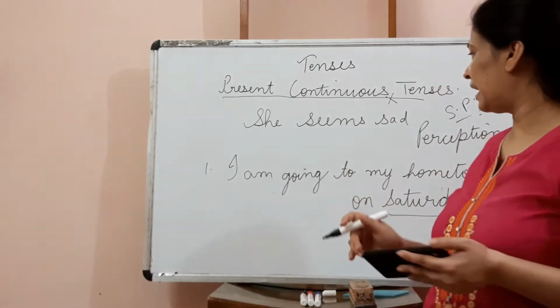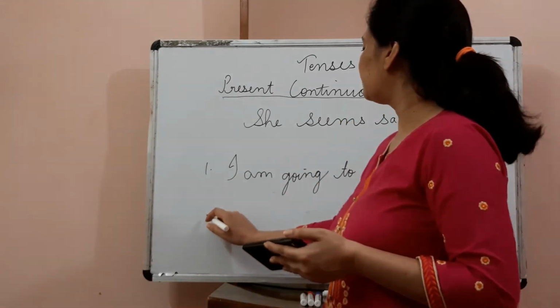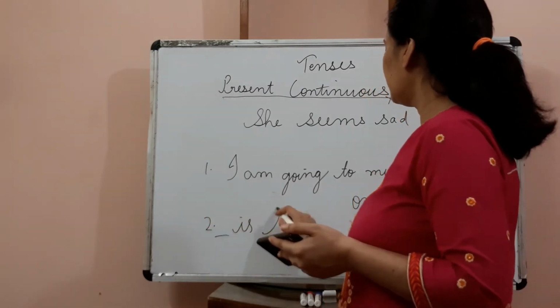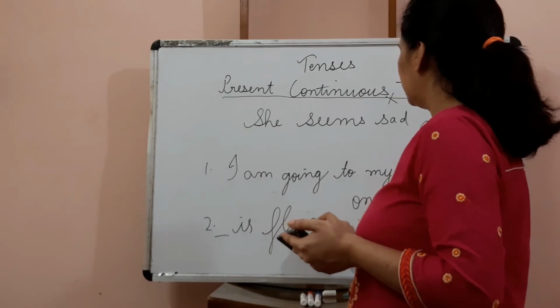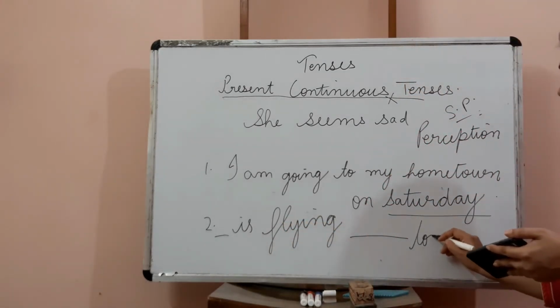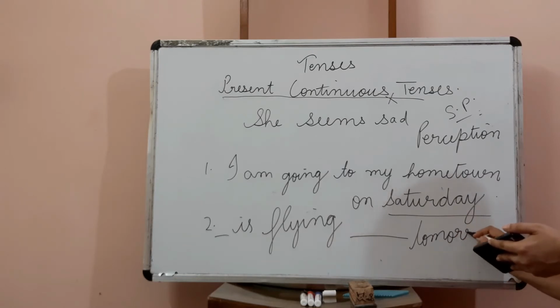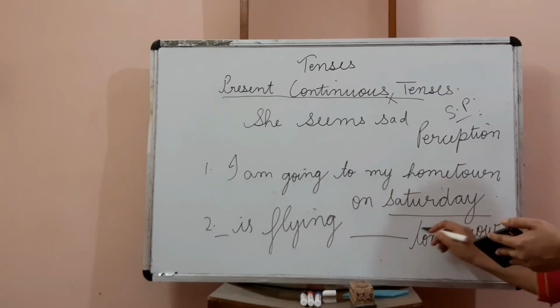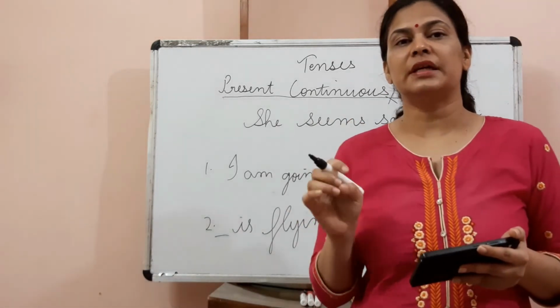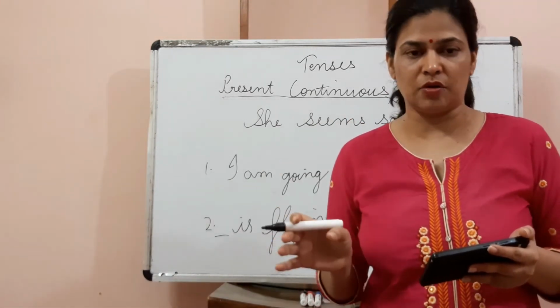So he is flying to Singapore, and when he is flying, it is tomorrow. That means something is fixed. He has already booked his tickets and he is going. So you can use present continuous tense in this way also.